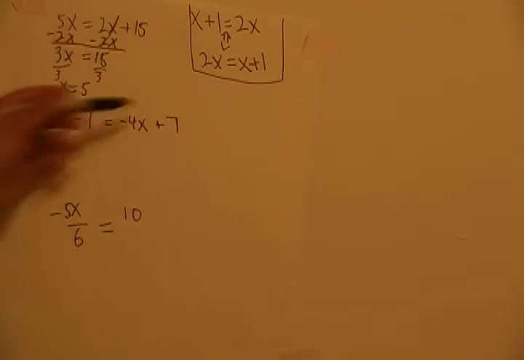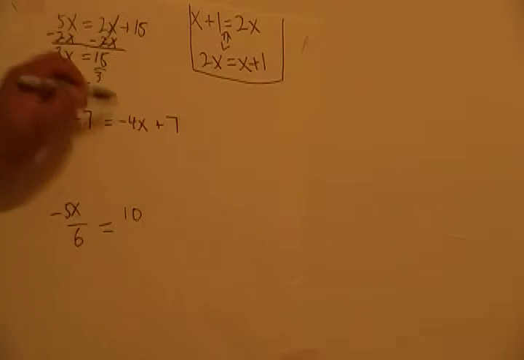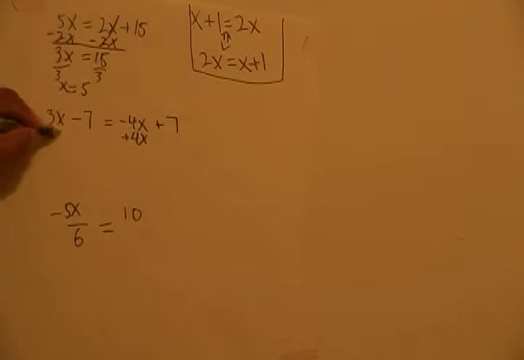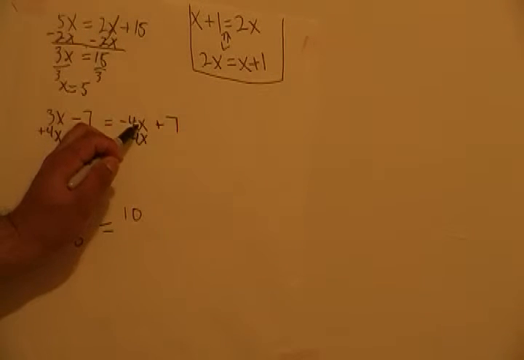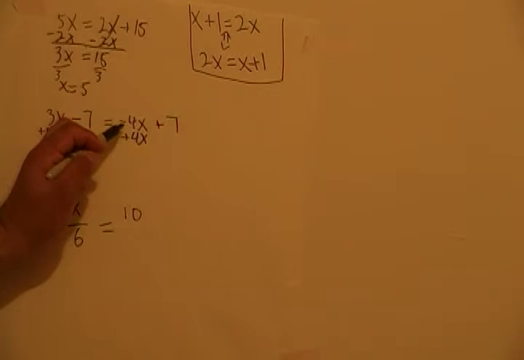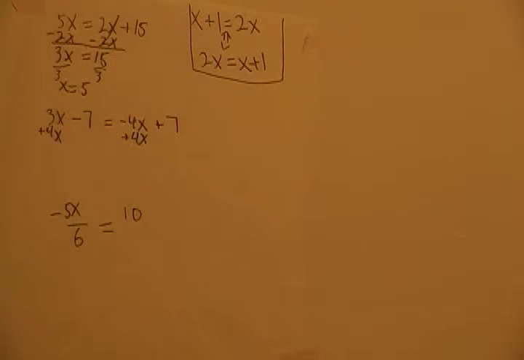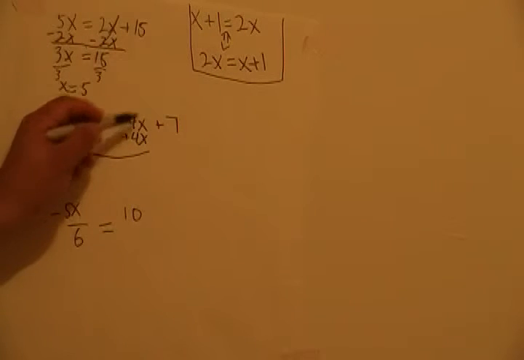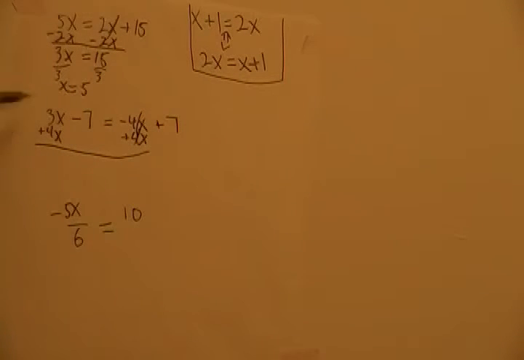Let's start with the x's first. Step 1: add 4x to both sides, because we have negative 4x, so we do the opposite. Negative's opposite is positive, so it's positive 4x. These cancel. 4 plus 3 is 7x.